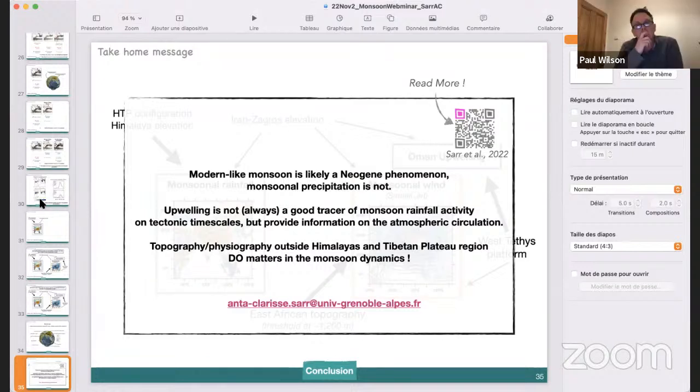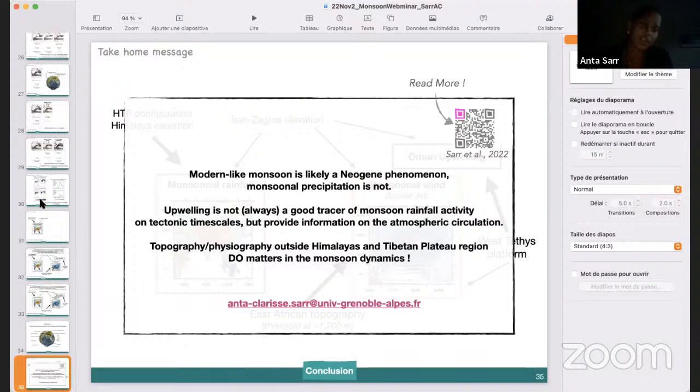This is true only if the Western Tethys Seaway region, Arabian Peninsula, has a configuration with a lot of shallow water or deeper water in this region.